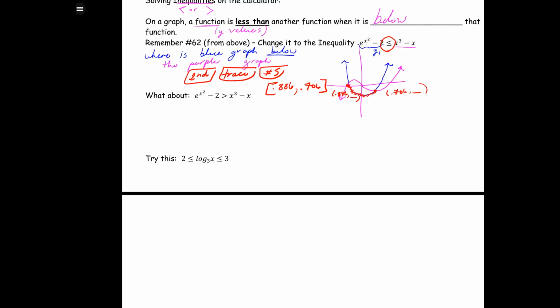Okay, now if we think about it in that case then, extending our thinking, where is this function greater than the cubic? Now we're looking for where is it above. We're looking for where is the blue graph above the purple graph.